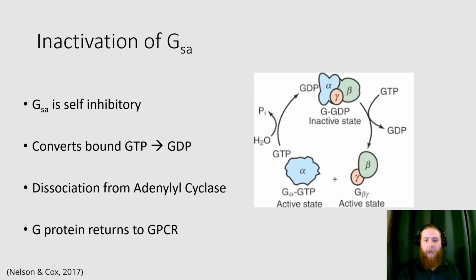If another primary messenger comes and binds to the outside of the GPCR, it will affect the whole cascade over again. And PKA will once again start being produced after it's been activated by cAMP, which has been produced by the adenyl cyclase.